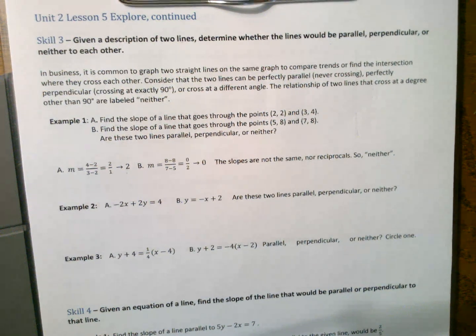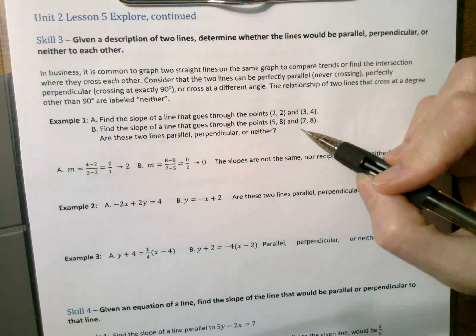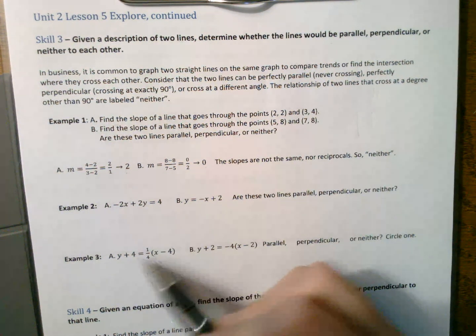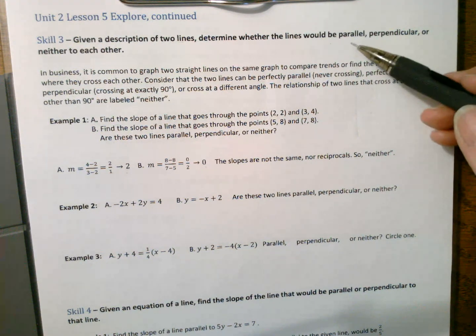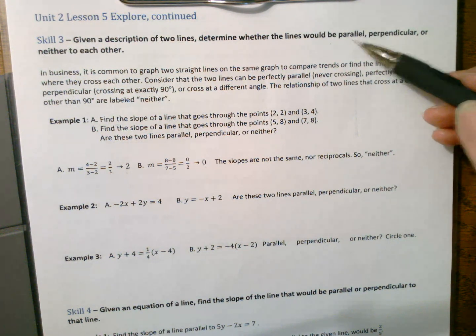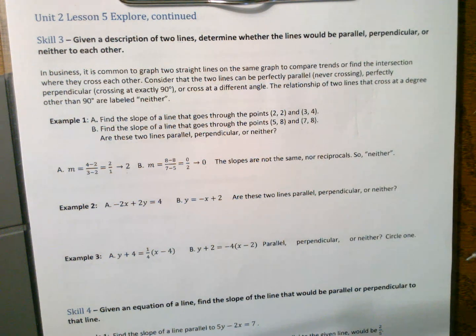So they can describe a line on a graph many different ways. Sometimes they'll give you 2 points. Sometimes they'll give you equations. So this is very similar to what we just did. It's just a different way we described parallel, then we described perpendicular. Now thrown in there is maybe a neither choice.